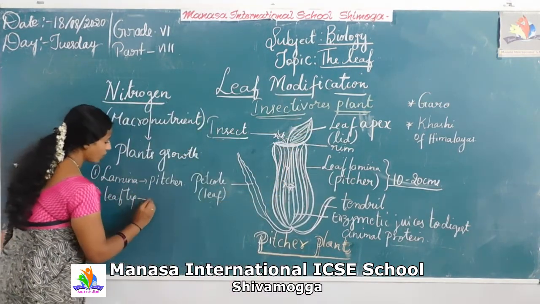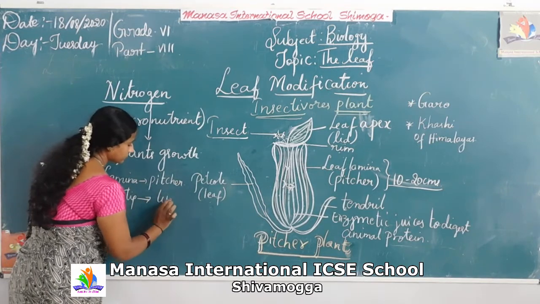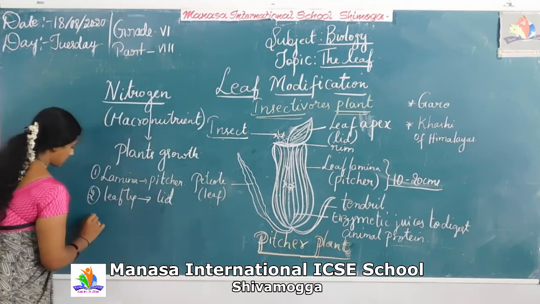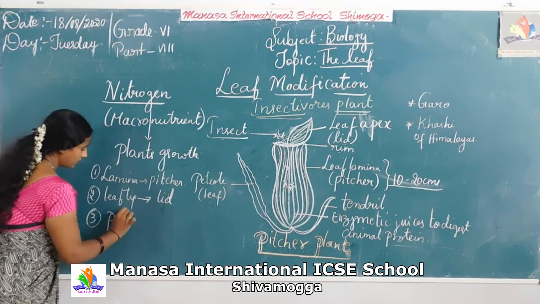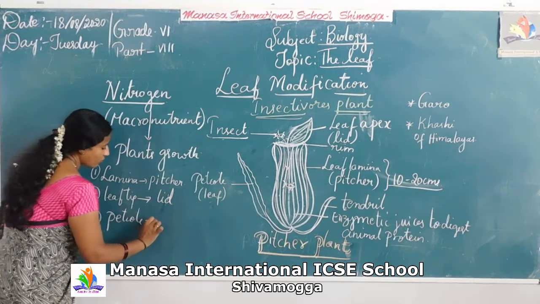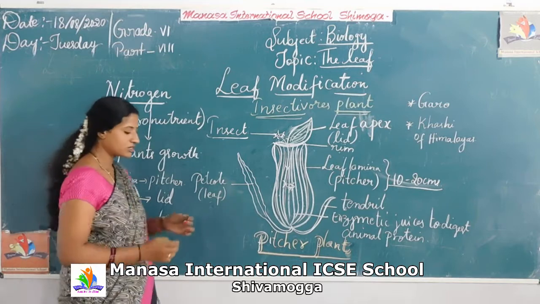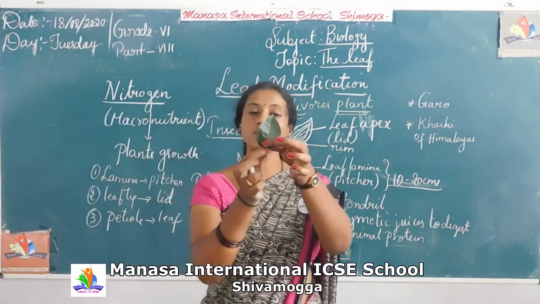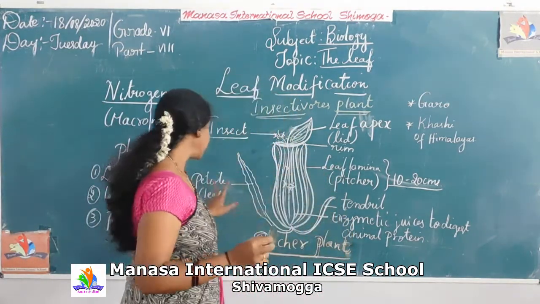Leaf tip is modified into lid. And the petiole is modified into the leaf. So this is the petiole, and this petiole is modified into the leaf.